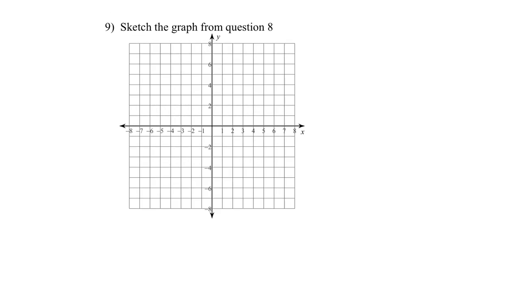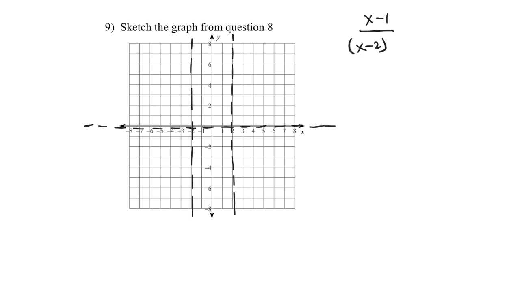So the vertical asymptotes were 2 and -2, and we had a horizontal asymptote at y equals 0. The function was x minus 1 over x minus 2 times x plus 2. The other thing we need on here are the intercepts.